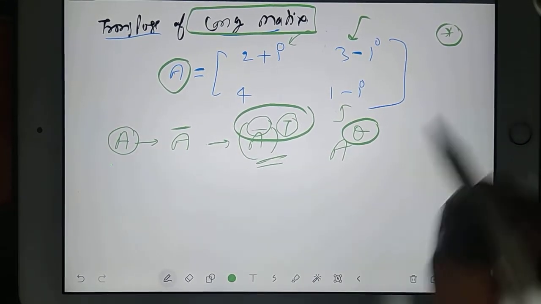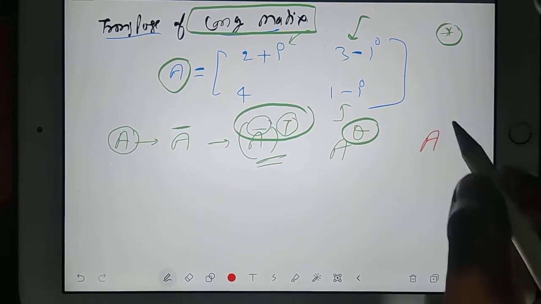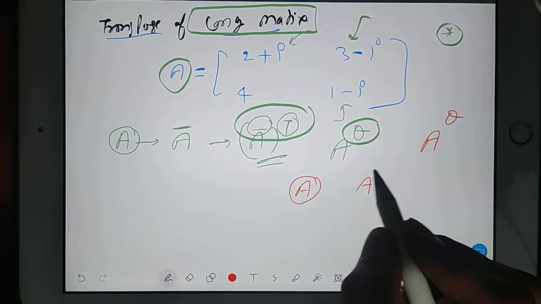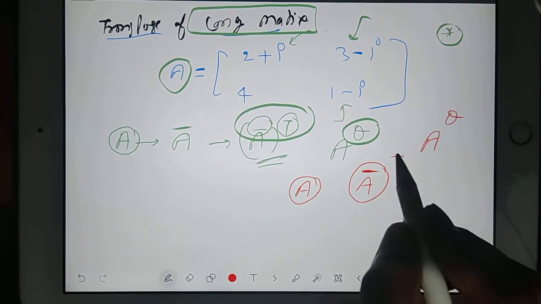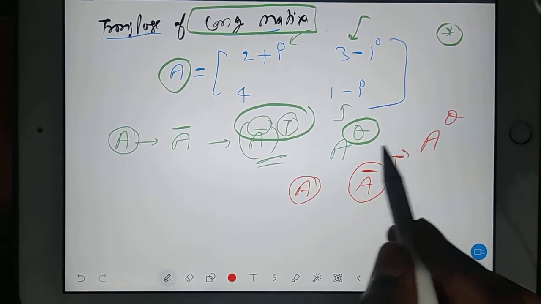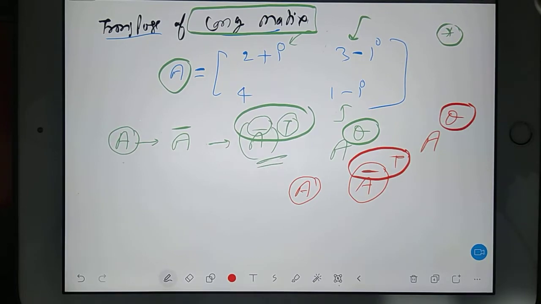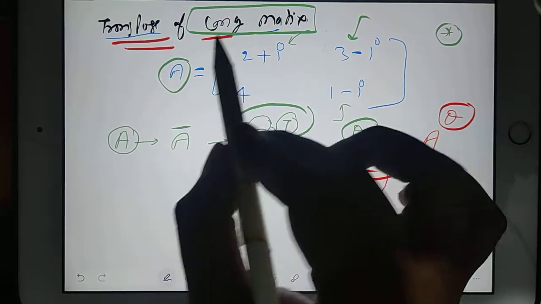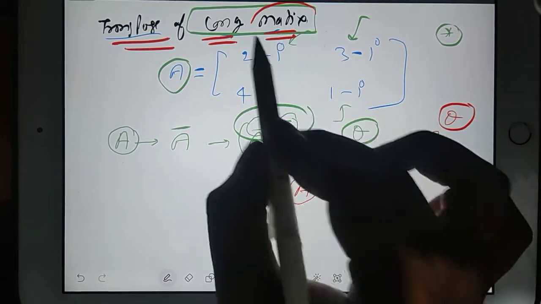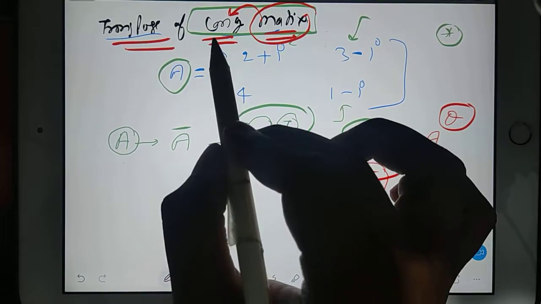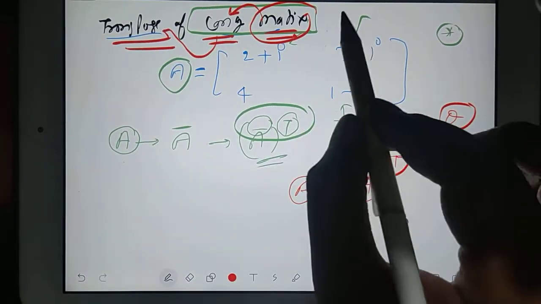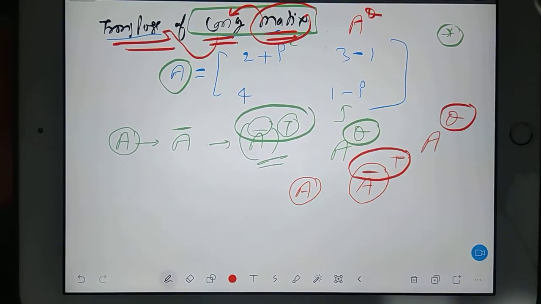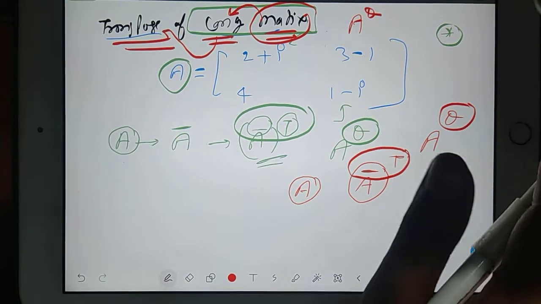If anywhere we have written A power theta, it means A was any matrix, we have done the conjugate of that, and after that we have done the transpose of that. So these both together we denote as theta. So the transpose of the conjugate matrix means: the matrix will be given, first find the conjugate of that matrix, and then go for the transpose. This symbol is known as A power theta. Don't be confused.